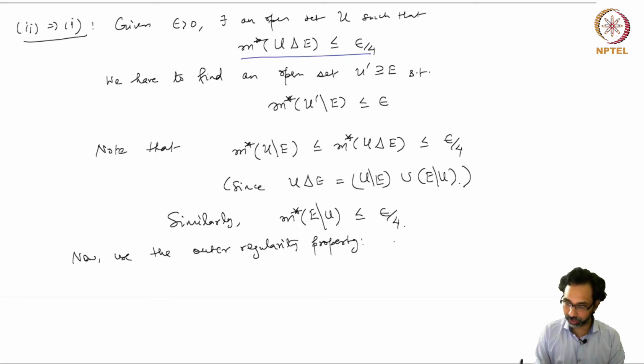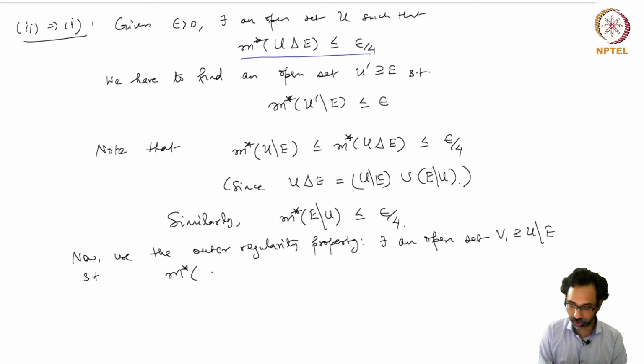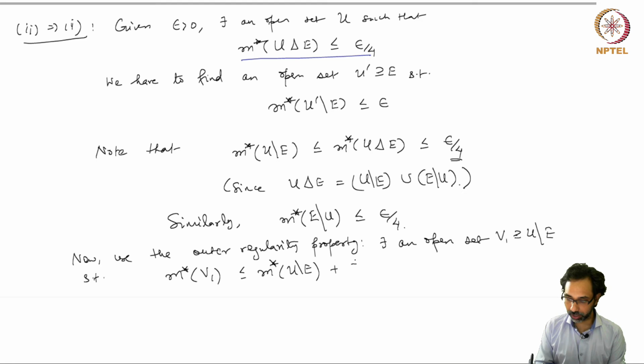So this implies that there exists an open set V1 that contains U minus E such that m star of V1 is less than or equal to m star of U minus E plus, I am going to take epsilon by 8 here, so that this is bounded above by epsilon by 4 plus epsilon by 8, and this is equal to 3 epsilon by 8.